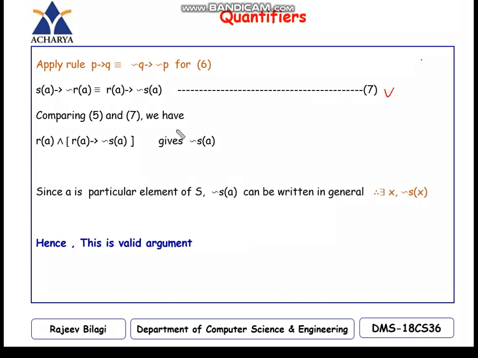I'll perform the AND operator with R of A and R of A then negation of S of A, which will give you negation of S of A. Since A is a particular element of S, I can write in general for some value of x, negation of S of x. So that is how we are going to prove this.